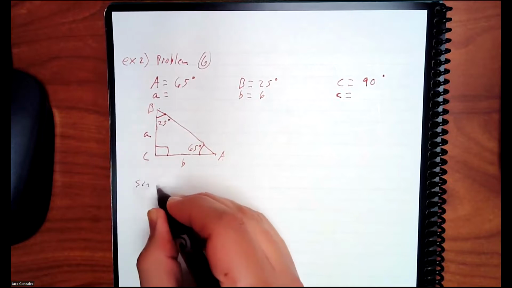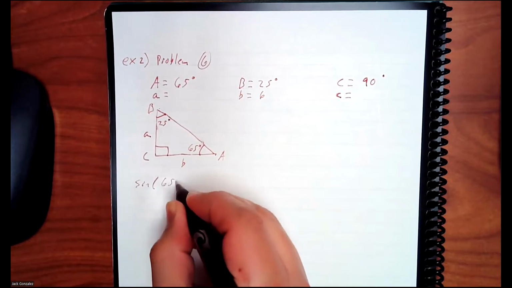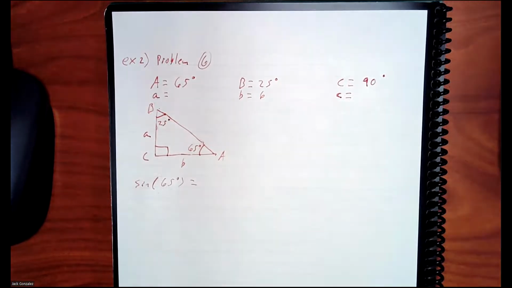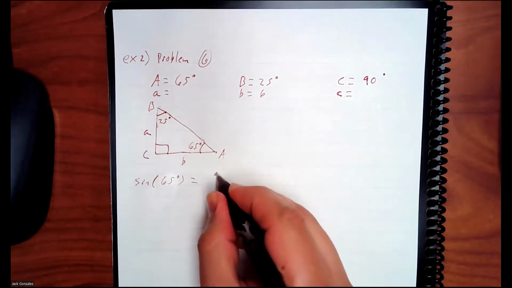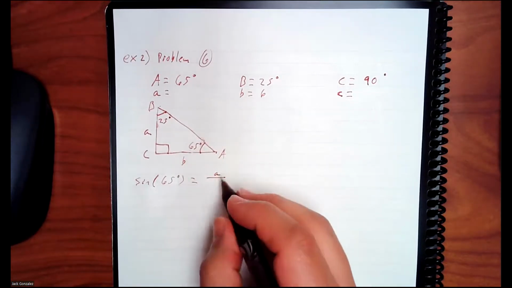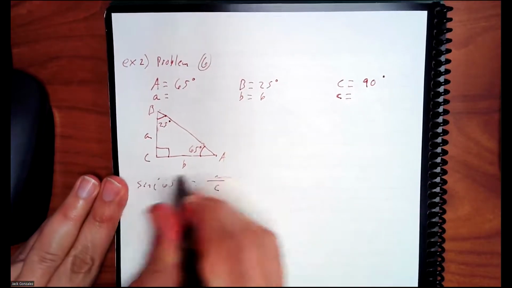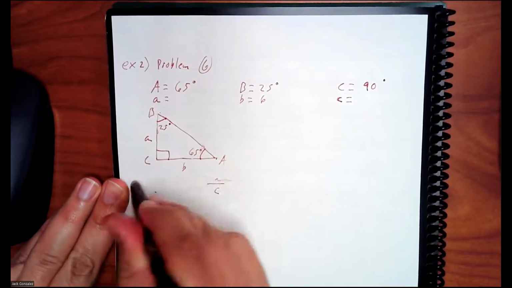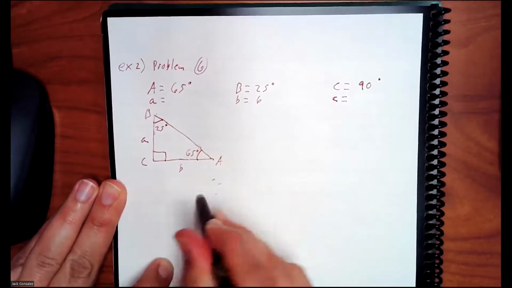So sine of 65 would equal the opposite side over C. So does that help me at all? Do I have A or C? I can't solve for both at the same time, right? So this is not a good one. Let's try sine of 25.